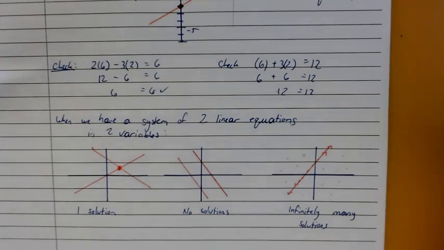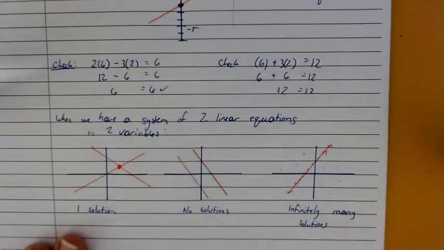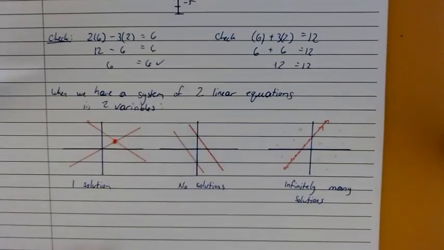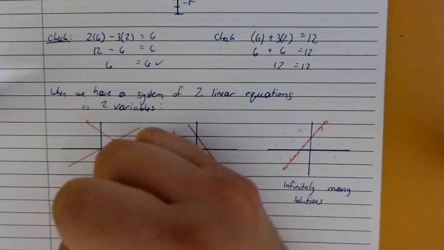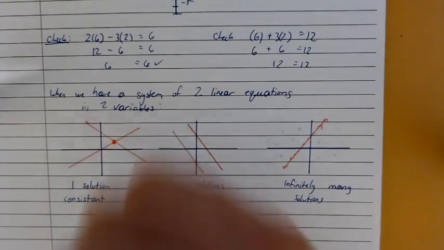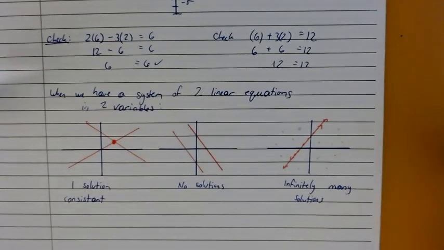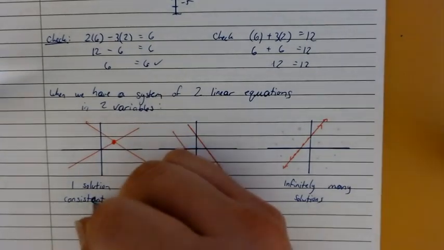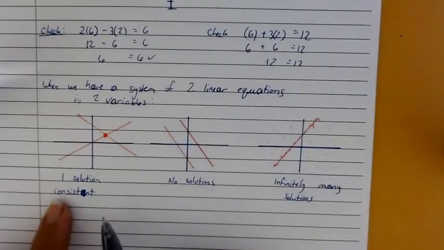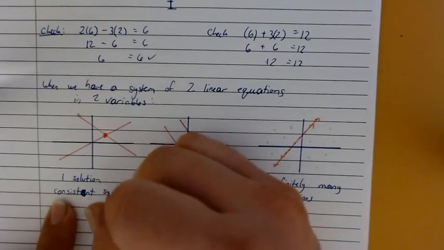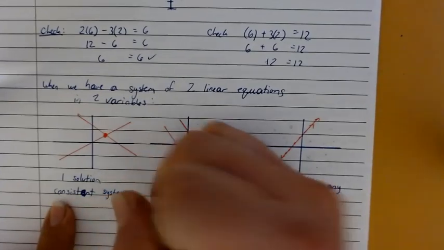Whenever you have a system of equations, if you have any solutions, whether they be 1 or 2 or 20 or infinitely many, you have what's called a consistent system. That should be an E, shouldn't it? There we go. So here, this is a consistent system because it has at least one solution.